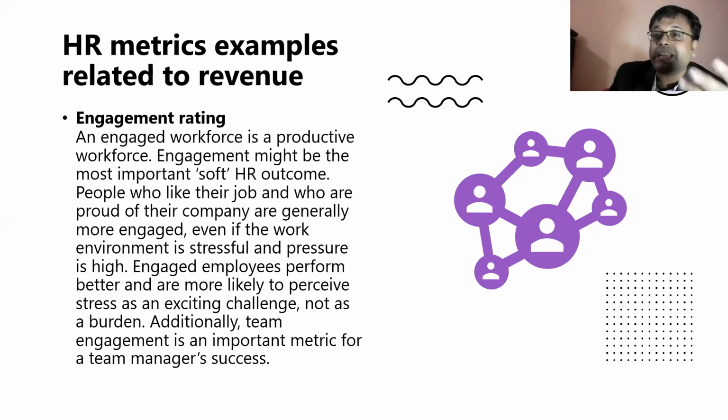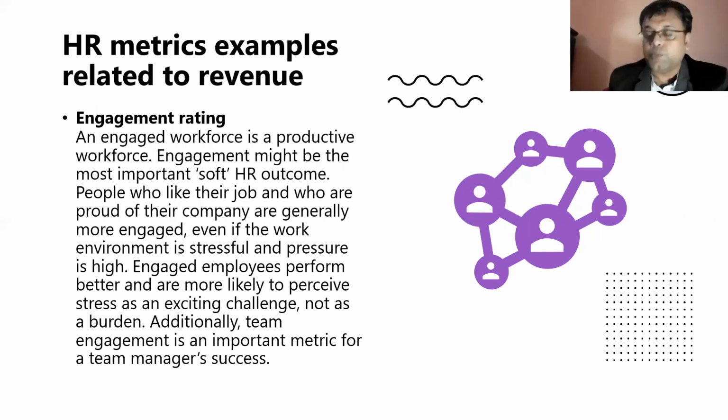Engaged employees are motivated employees, and motivated employees are productive employees. That is the reason we need to understand the engagement rating. An engaged workforce is a productive workforce, and engagement might be the most important soft outcome. People who like their job and who are proud of their company are generally more engaged, even if the work environment is stressful and the pressure is high.